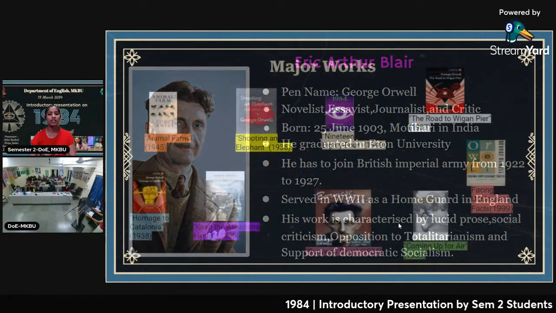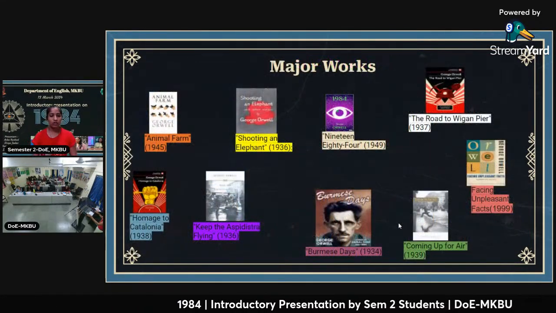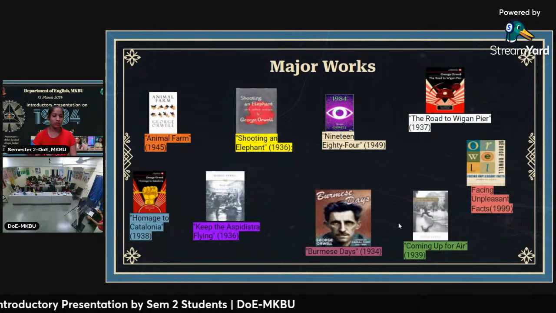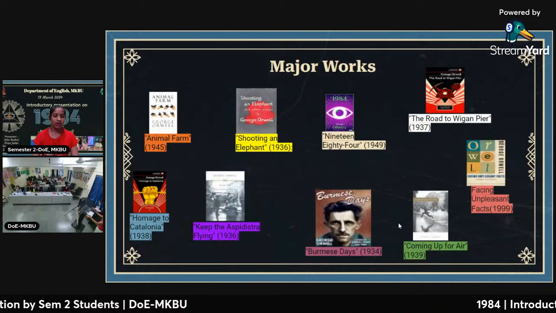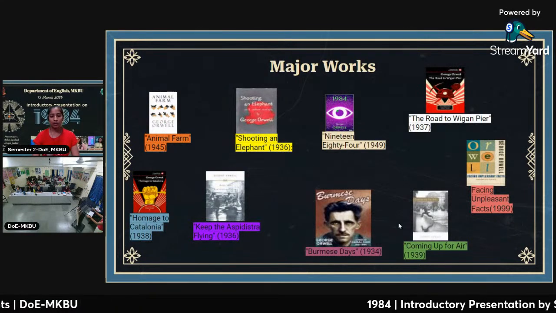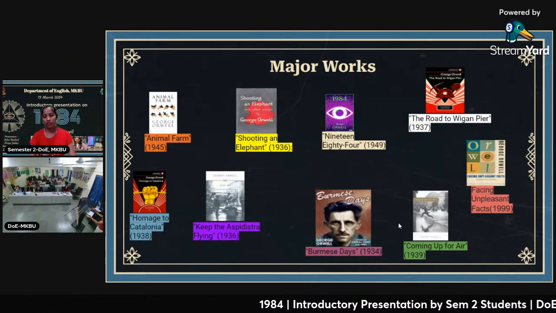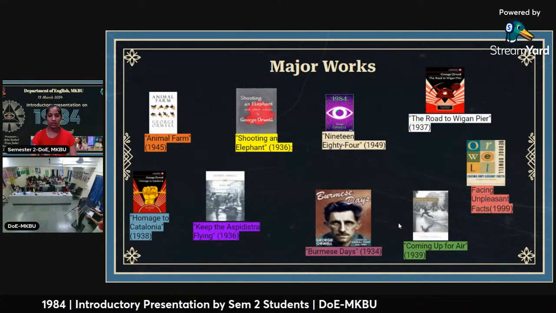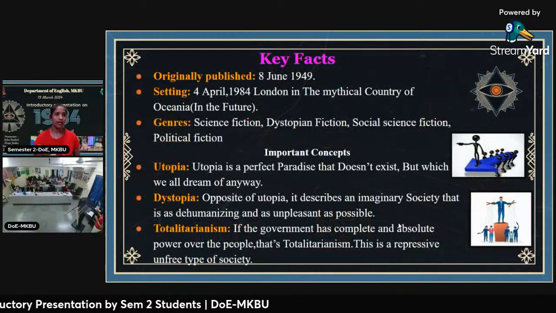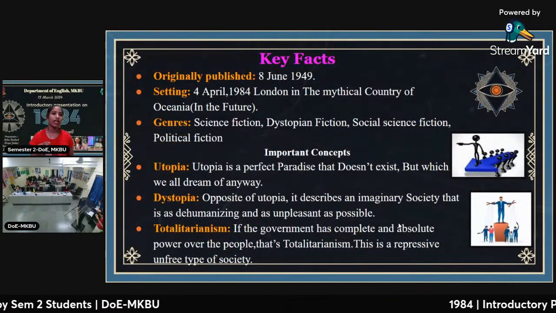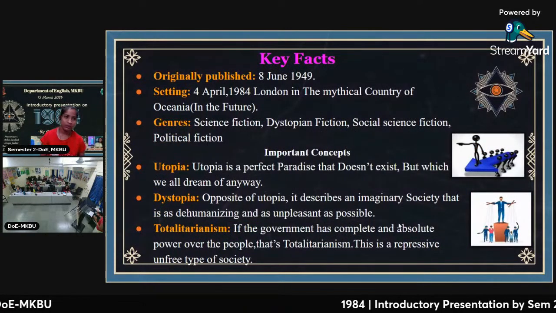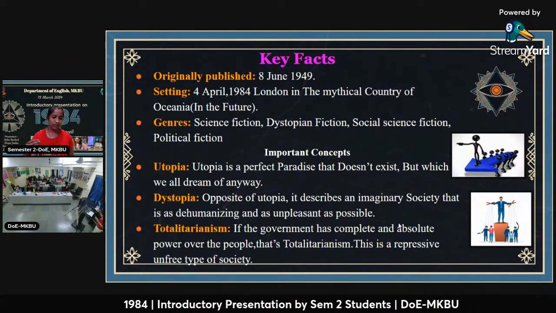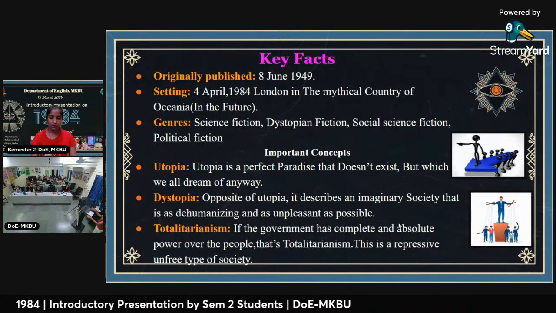His major works are Animal Farm, Shooting an Elephant, 1984, The Road to Wigan Pier, Homage to Catalonia, Keep the Aspidistra Flying, Burmese Days, Coming Up for Air, Facing Unpleasant Facts. In his writing style, he mostly never used metaphor and simile, and he never used passive tone where active tone is usable.